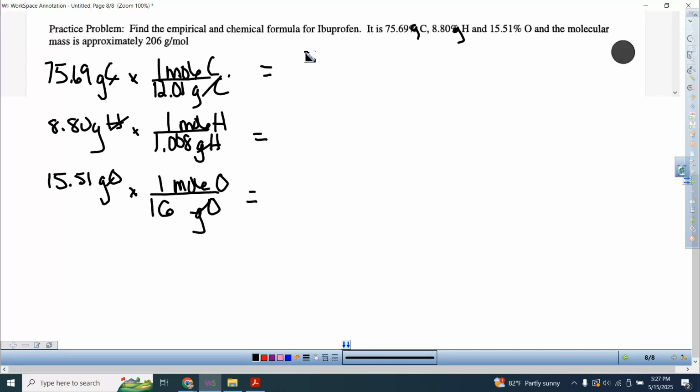Okay, so for my carbon here, I get 6.3075 moles of carbon. And for the hydrogen, I get 8.730159 moles of hydrogen.